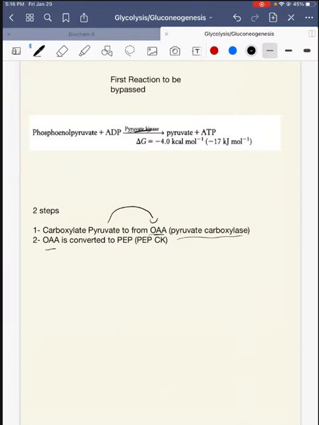Oxaloacetate is then converted into PEP, and this is done by an enzyme called PEPCK. So we're doing this to bypass phosphoenolpyruvate being converted to pyruvate via pyruvate kinase. So we have to go through two different steps to go back to PEP from pyruvate, and we use oxaloacetate as an intermediate in between.